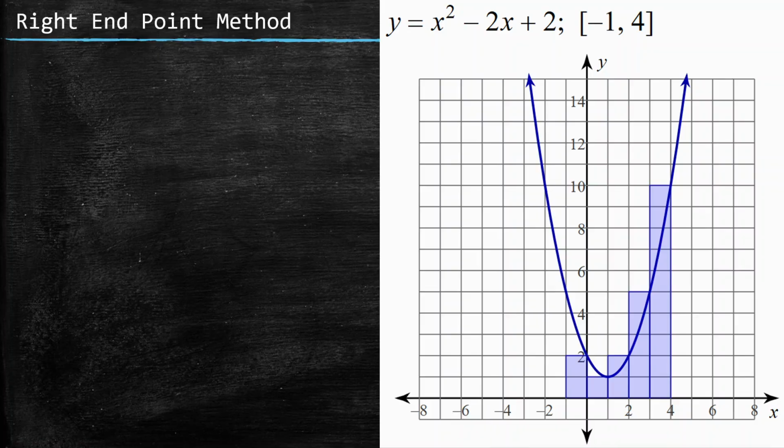The right-hand point method is similar to the left-hand point method. The only difference is that we have to calculate the right endpoints because the right endpoints of these rectangles will be onto the graph.